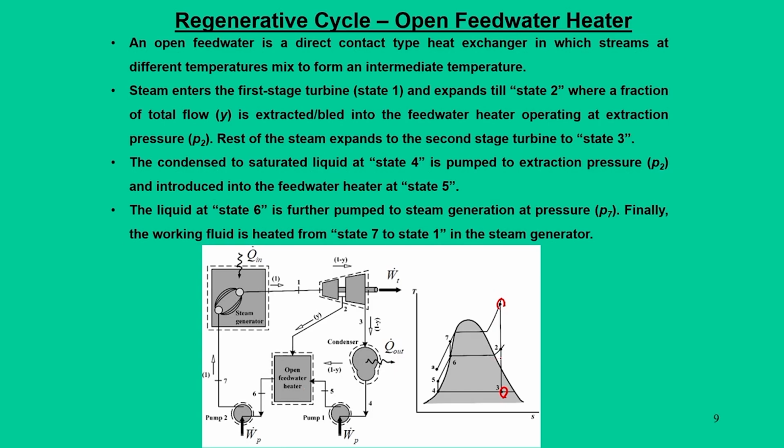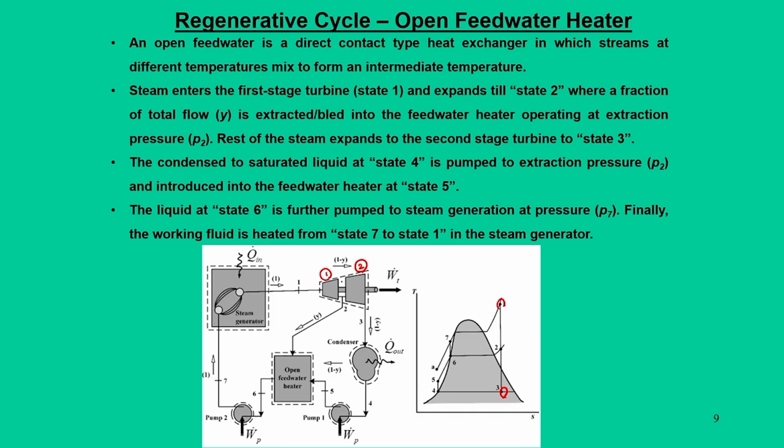What you typically do is that the turbine stage is designed in two folds. One is stage 1 and the second is stage 2. We may think of stage 1 as a high pressure stage and stage 2 as a low pressure stage.